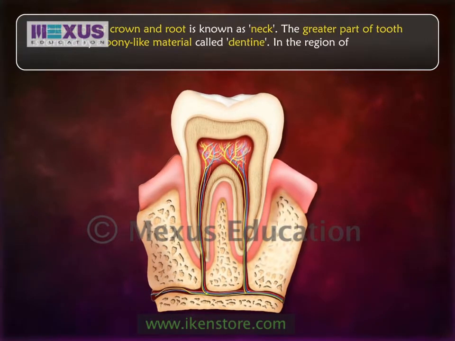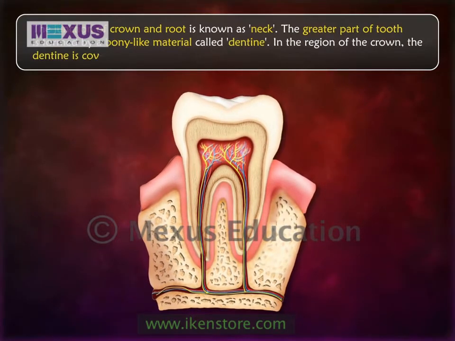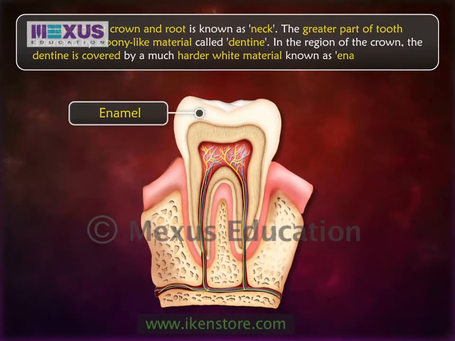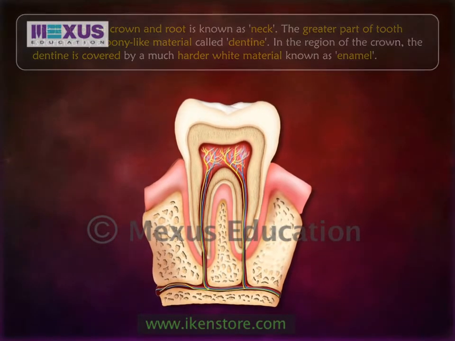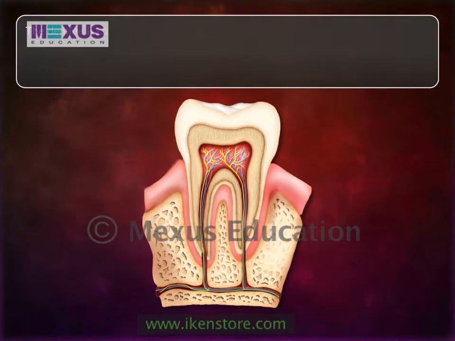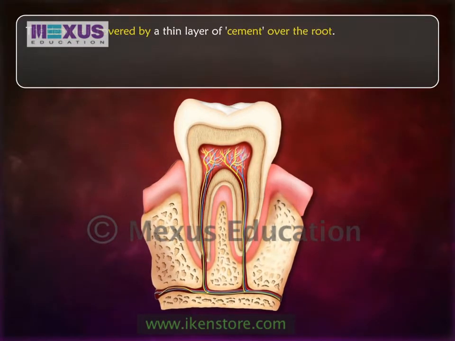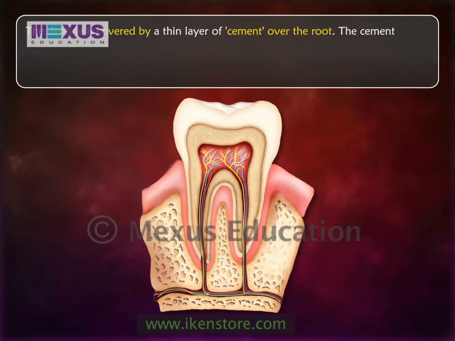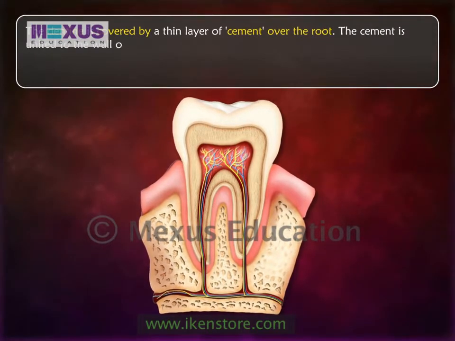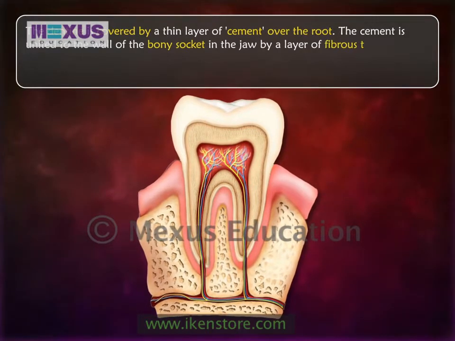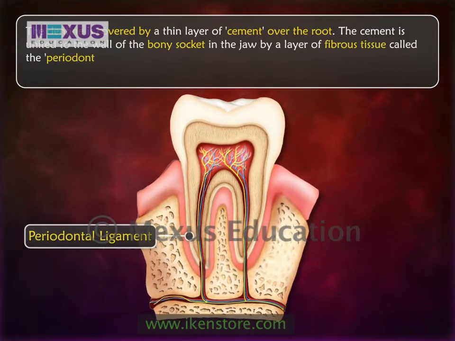In the region of the crown, the dentin is covered by a much harder white material known as enamel. The dentin is also covered by a thin layer of cement over the root. The cement is united to the wall of the bony socket in the jaw by a layer of fibrous tissue called the periodontal ligament.